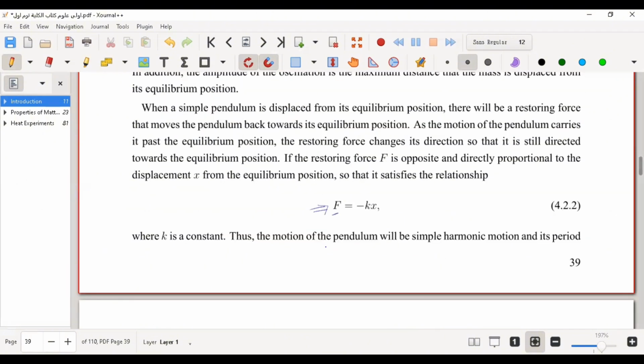The restoring force, and the force symbol is F, equals minus kx, where k is a constant and x is the distance or the displacement.